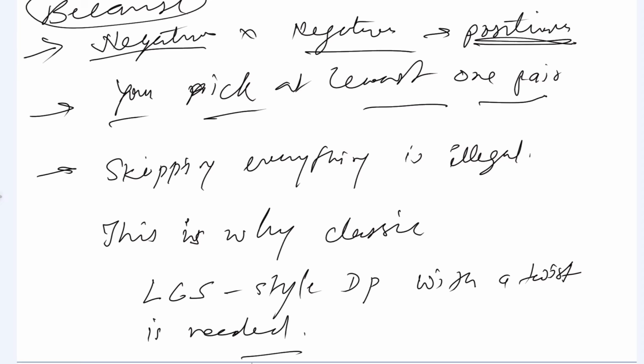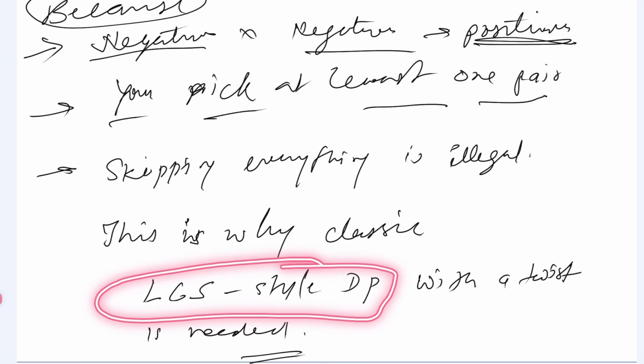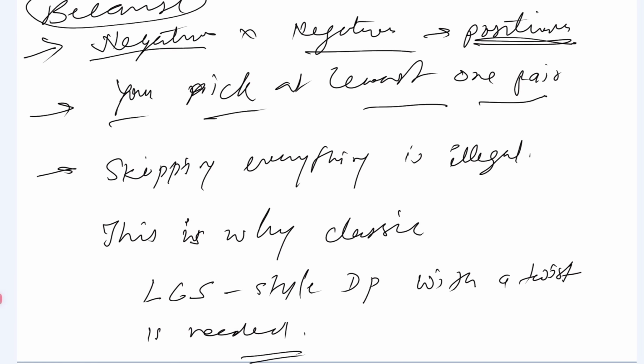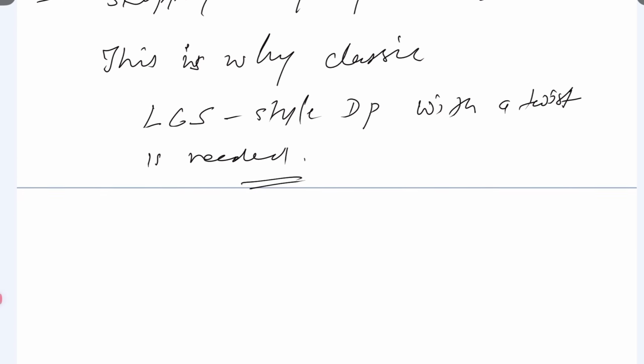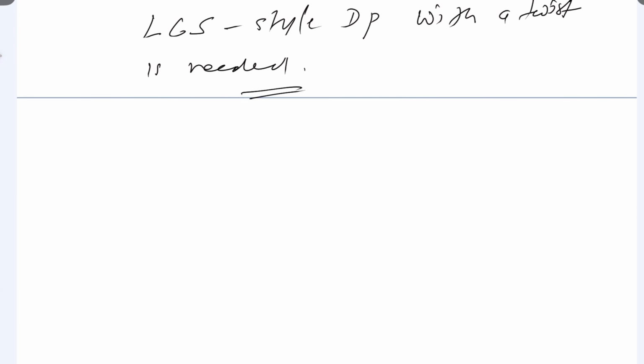If you are not aware of the LCS DP style, make sure you first go and read this type of concept and then try. But if you are a little aware and have completed one or two problems, it's also fine. So let's come back here.